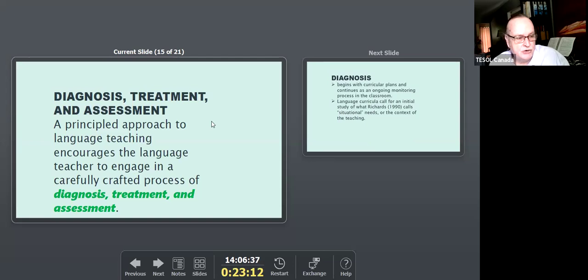The diagnosis, treatment, and assessment offers a principled approach to language teaching and encourages the language teacher to engage in a carefully crafted process of diagnosis, treatment, and assessment.